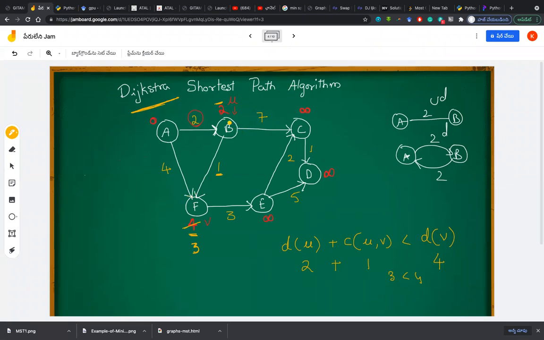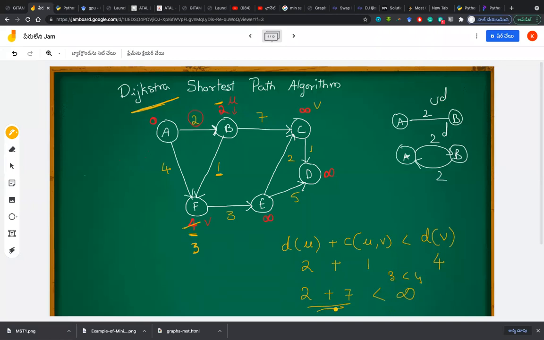Now coming from B, let us see. The next task is to calculate again. So this is U and this is V. Now according to the formula, what should I write? 2 plus 7, less than infinity.